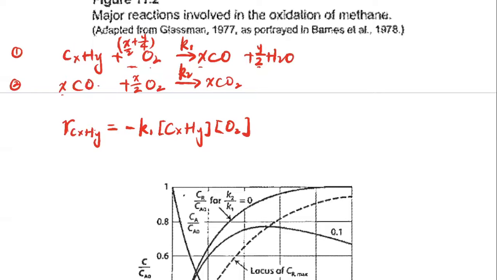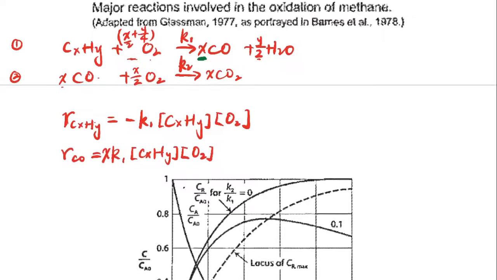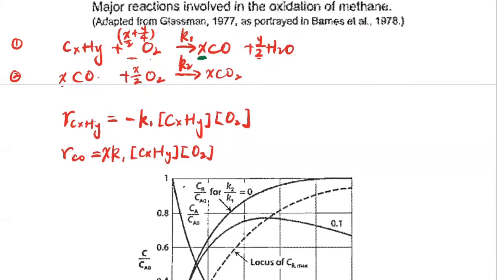Okay, so we can also calculate the reaction rate of the carbon monoxide. We know that the carbon monoxide is being formed in the first reaction. That's why we should use K1 times CXHY multiplied by oxygen. And then we should also multiply by an X in front of this reaction rate because there is an X in front of the carbon monoxide, right? We should also notice that the carbon monoxide is being consumed by the second reaction. Basically, it's being removed due to the reaction, right?